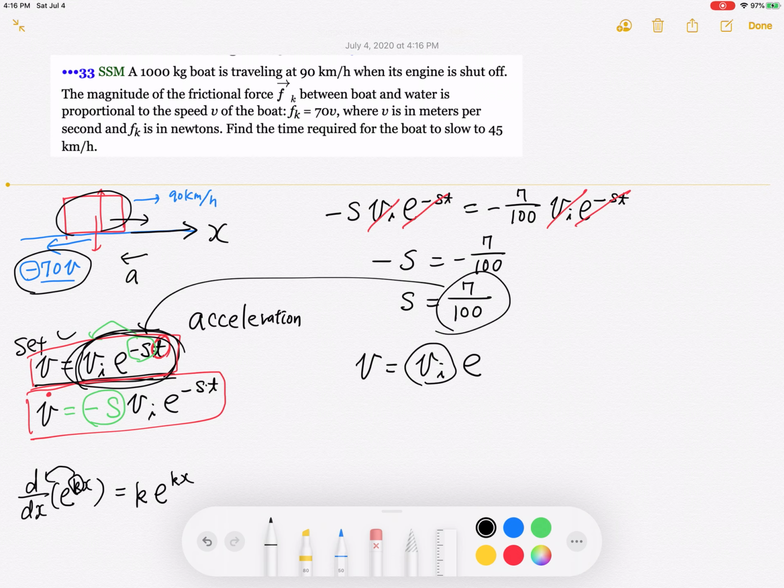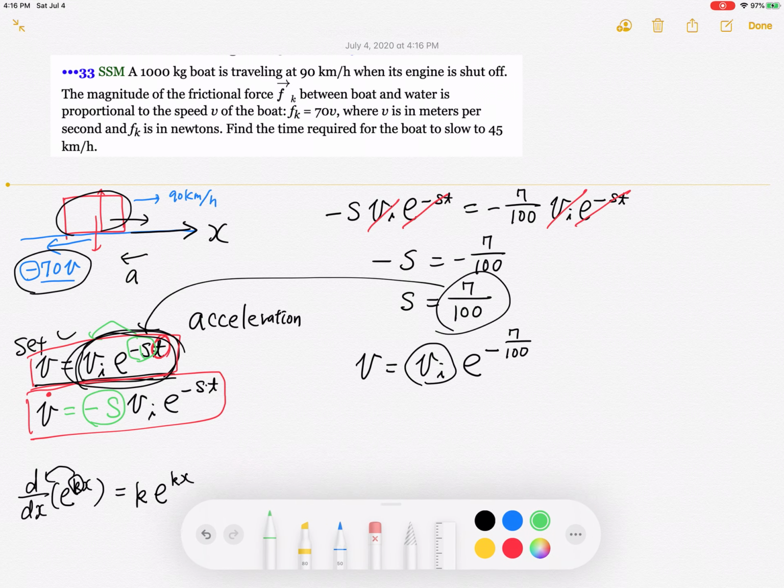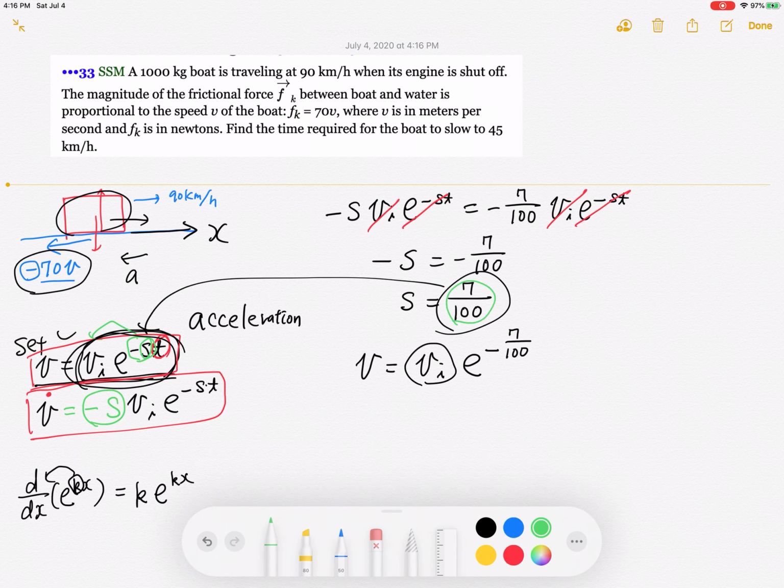Okay. E to the negative 7 over 100. Our s itself is now 7 over 100, right? So that's why you replace the s with 7 over 100 times t. It's a function of time, so, okay. Exponential function of time. Yep.